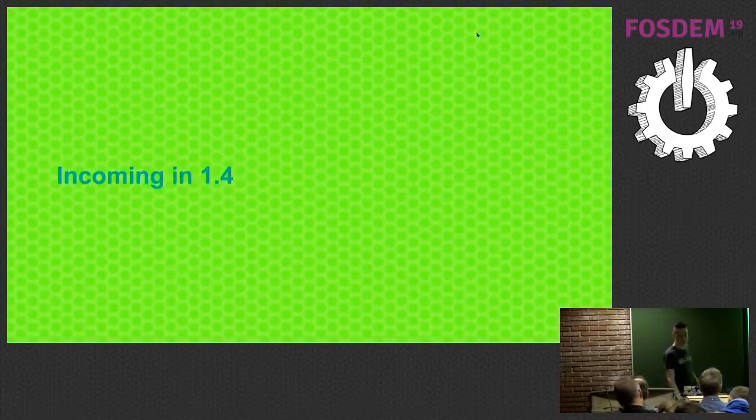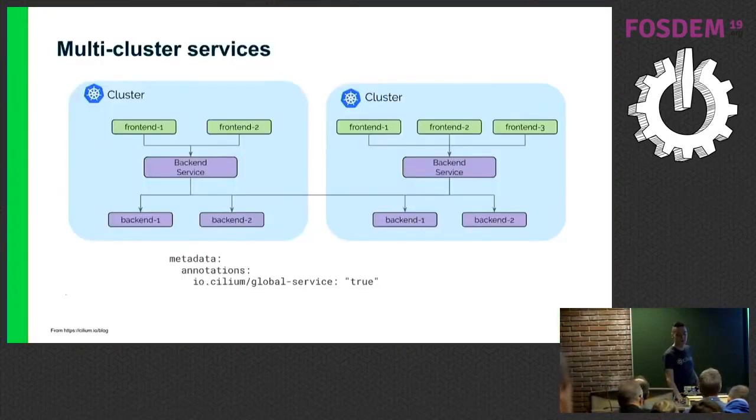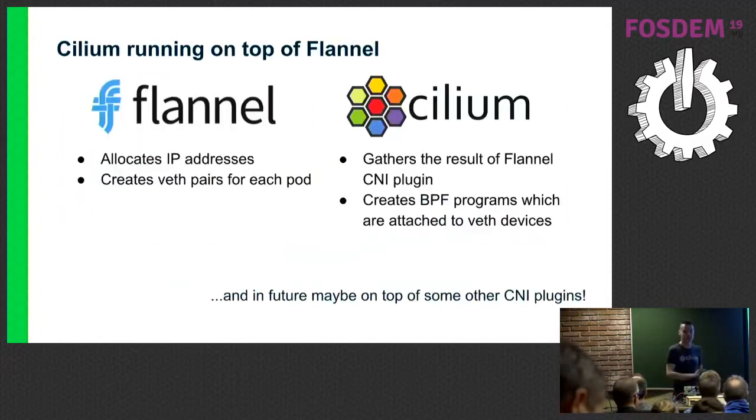And now I will tell briefly about features incoming in version 1.4. About two of them. There will be a feature of multi-cluster services. So you will be able to have a service which has backends across multiple Kubernetes clusters. And there is ongoing support for running on top of Flannel for now, and in future maybe on other CNI plugins. So Cilium will be able to run as a chained CNI plugin.